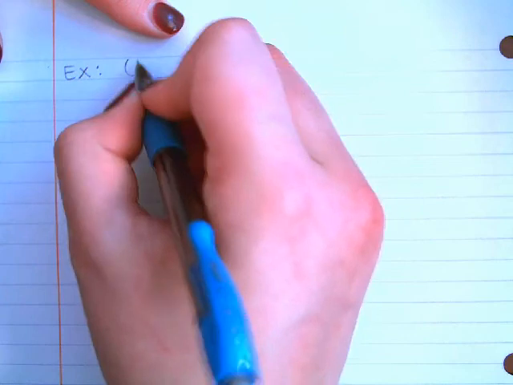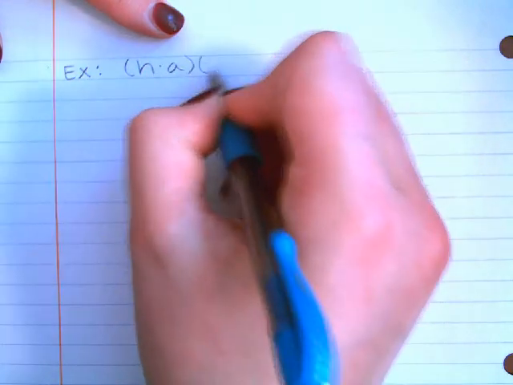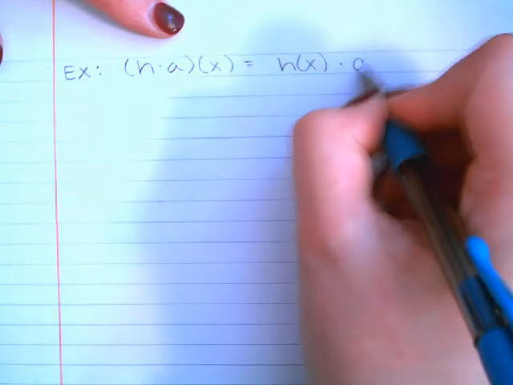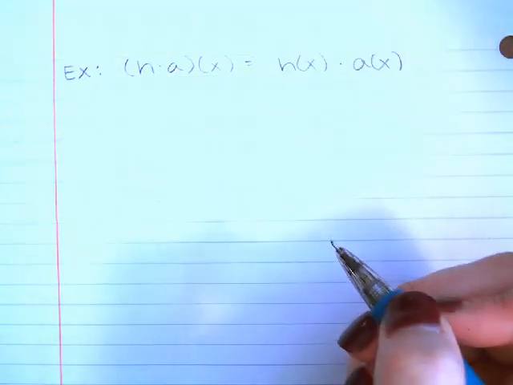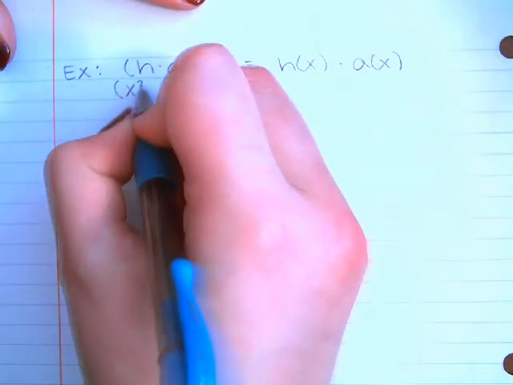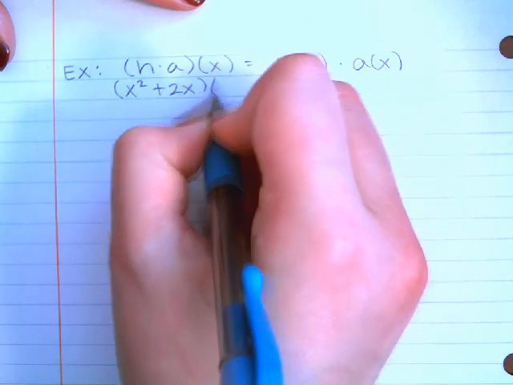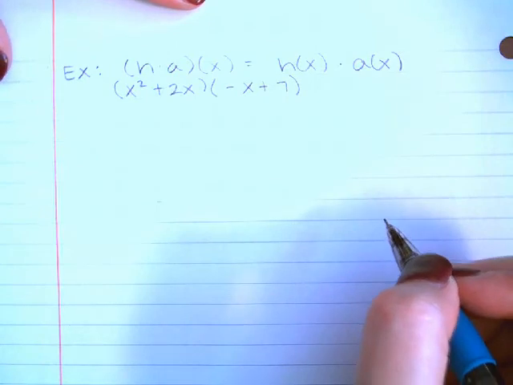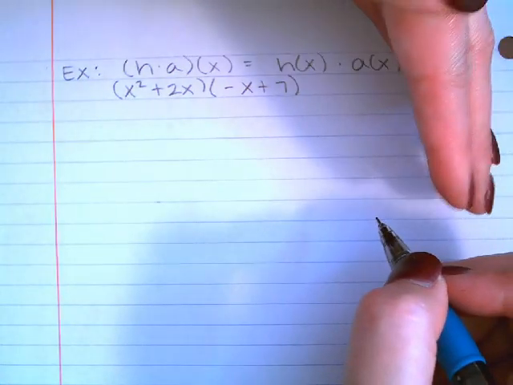All right, let's go ahead and do a multiplication problem. Gonna do h multiplied by a of x. So what they mean by this is just h of x times a of x. H of x is x squared plus 2x. a of x is negative x plus 7. And anytime we do a multiplication problem, we just have to FOIL.